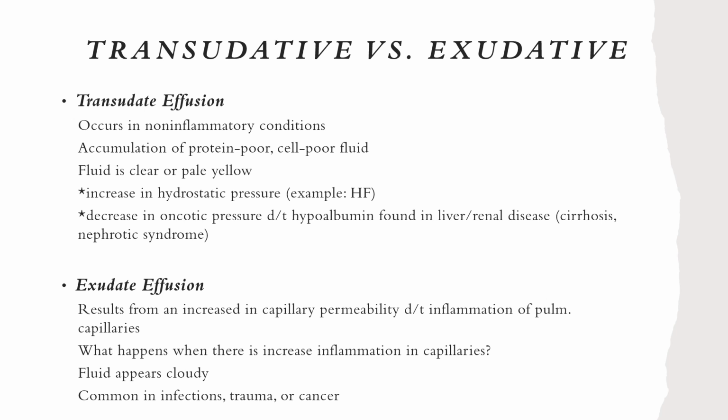And we're going to have a decrease in oncotic pressure. So remember, that one has a lot to do with albumin. So we're going to have issues related to hypoalbuminemia. We typically find this a lot in liver disease patients, cirrhosis, or renal disease patients, or nephrotic syndrome.